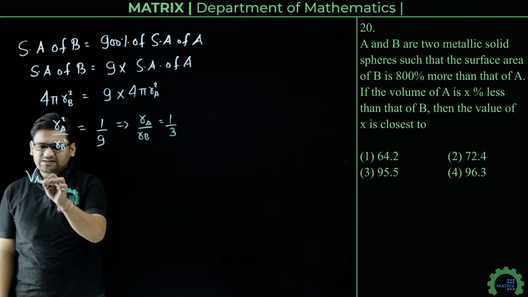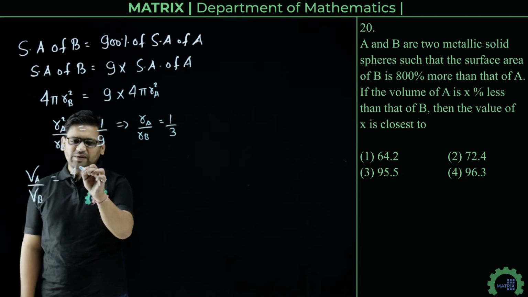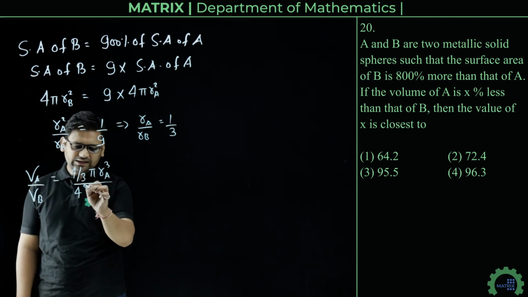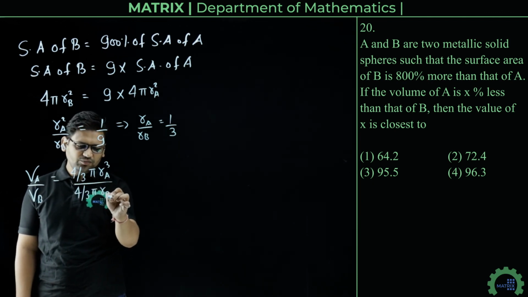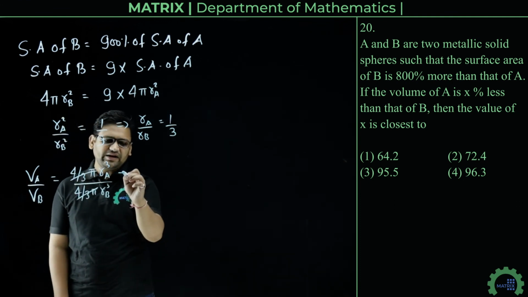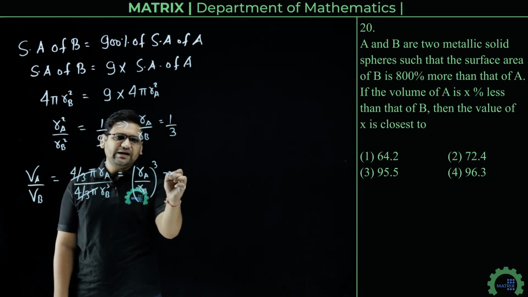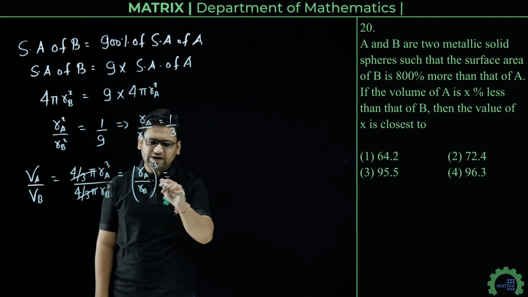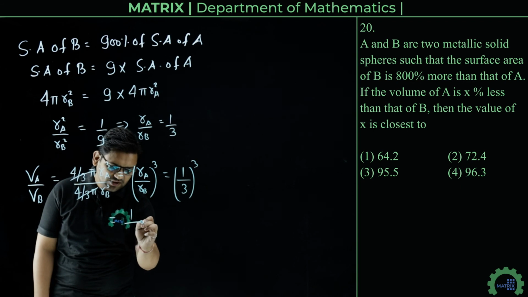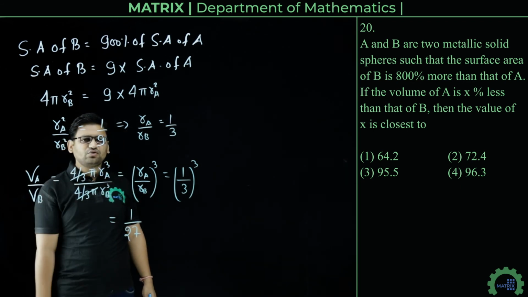Now let's see the ratio of their volumes. Volume of A upon volume of B is 4 by 3 pi RA cubed upon 4 by 3 pi RB cubed. Now 4 by 3 pi cancel out each other. So we get (RA upon RB) whole cubed, and the ratio RA upon RB is 1 by 3, so we get 1 by 3 whole cubed, that is 1 by 27. So the ratio of volume of A upon volume of B is 1:27.